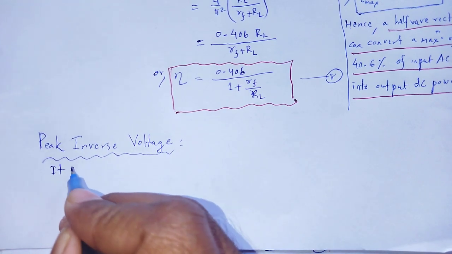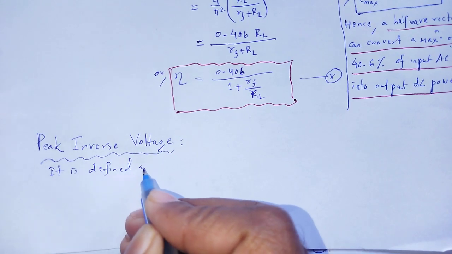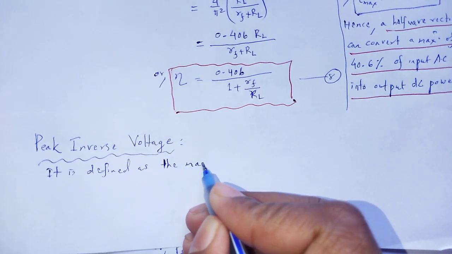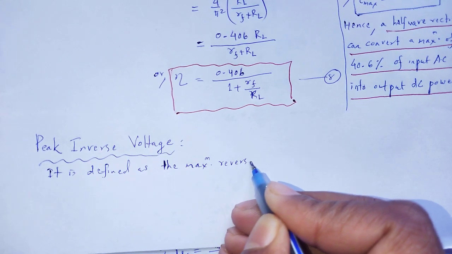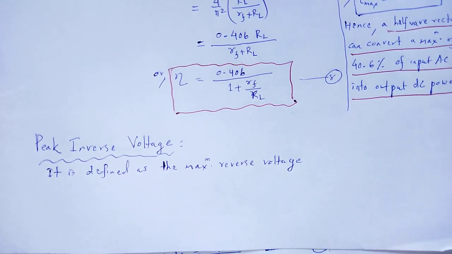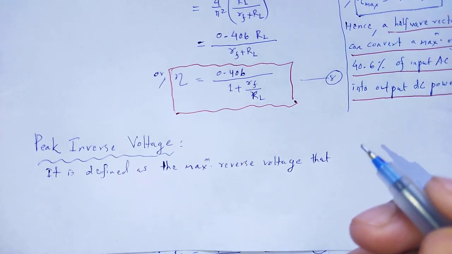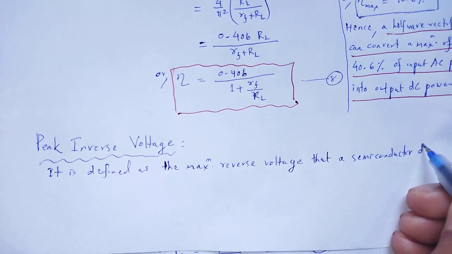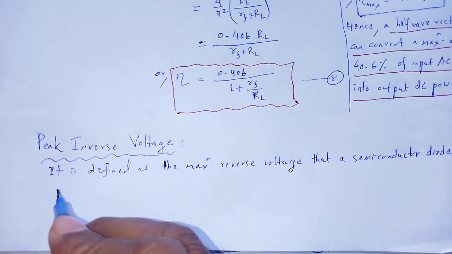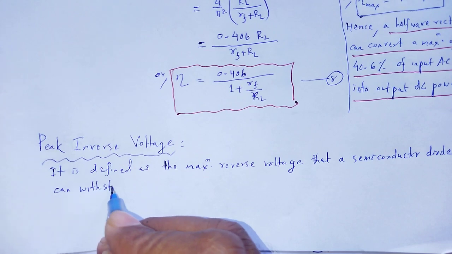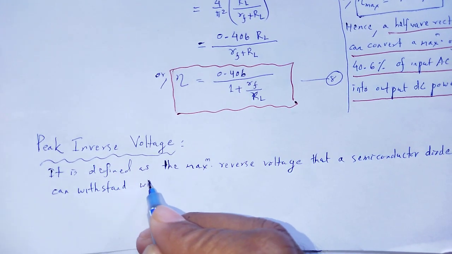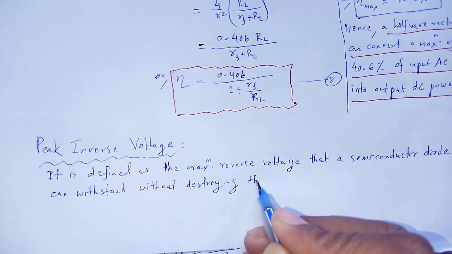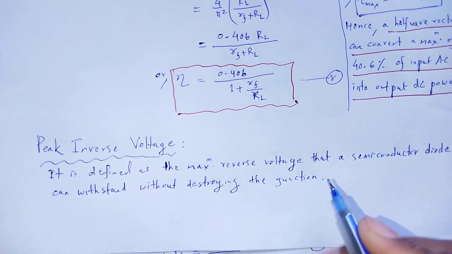It is defined as the maximum reverse voltage that a semiconductor diode can withstand without destroying the junction. That is peak inverse voltage.